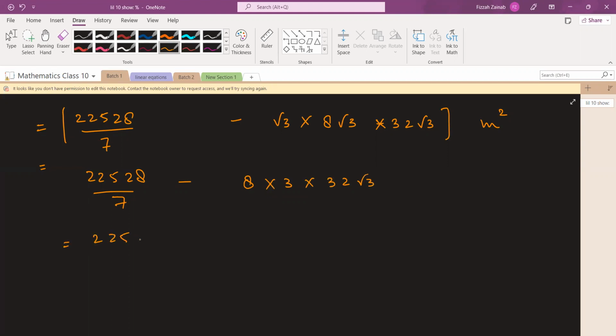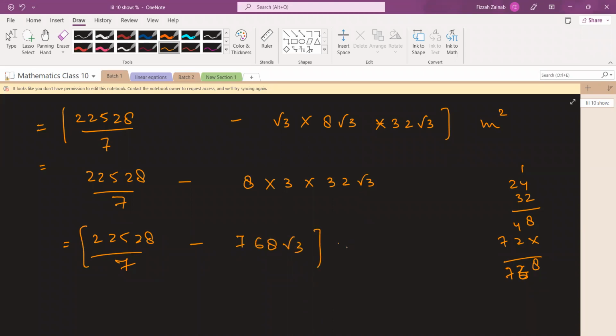Now this you can multiply. 3 into 8 is 24, and then 24 into 32, if you can multiply quickly, I'm getting 768. Root 3 and everything in meter square. So you can leave it here because one number is root 3, so you cannot subtract it, right? You cannot subtract a rational number minus an irrational number.